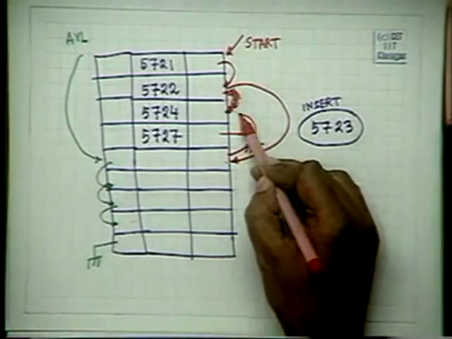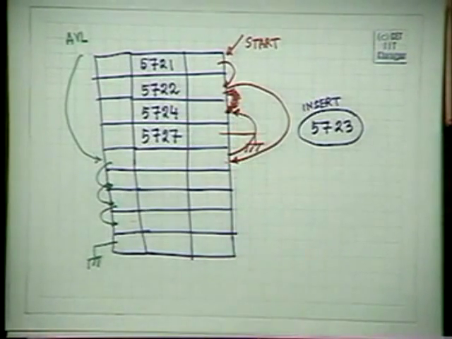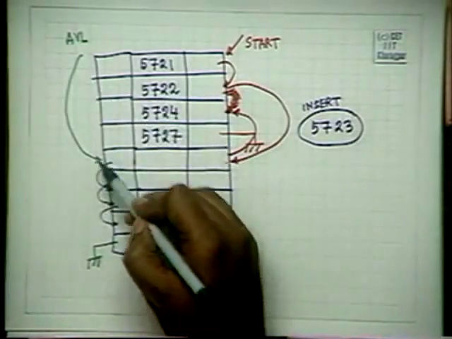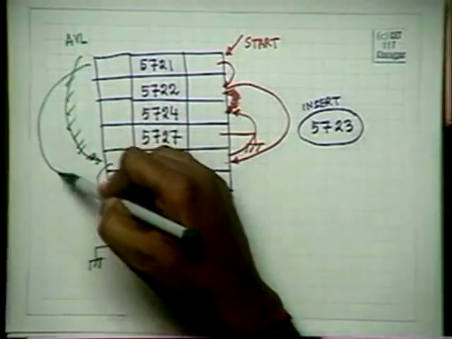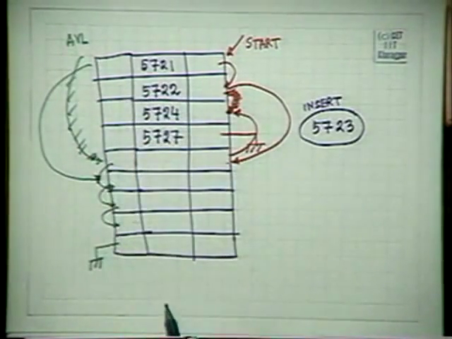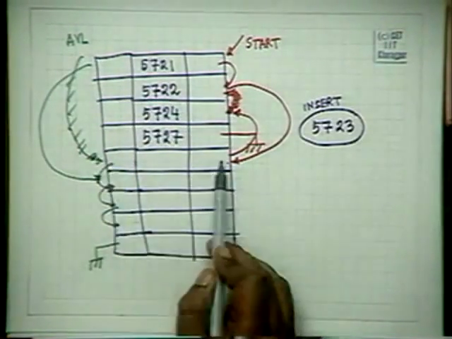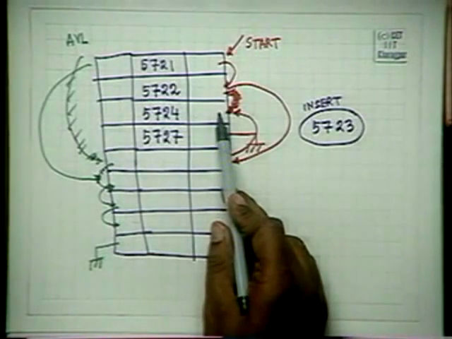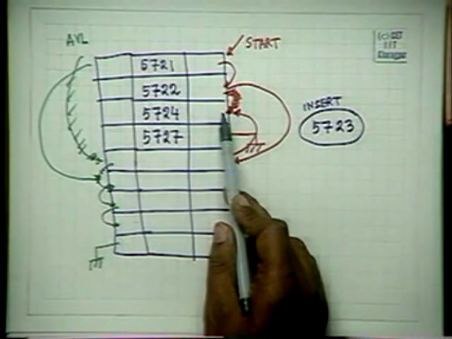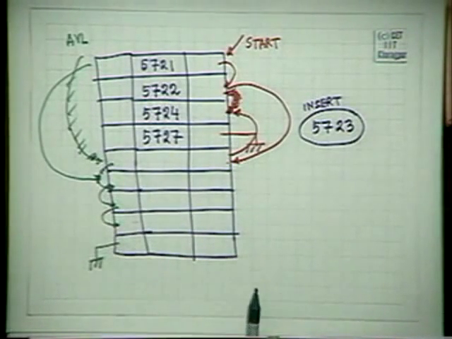This one points here, and the available pointer now points here. Mind you, this and this are the same one. So this one now actually is this one. So we have got this available list.